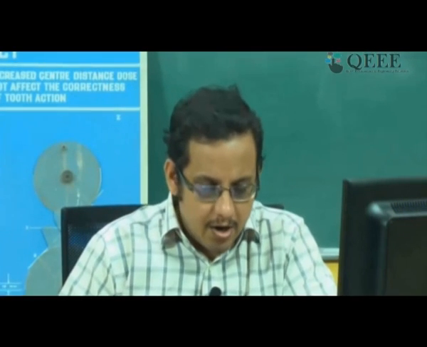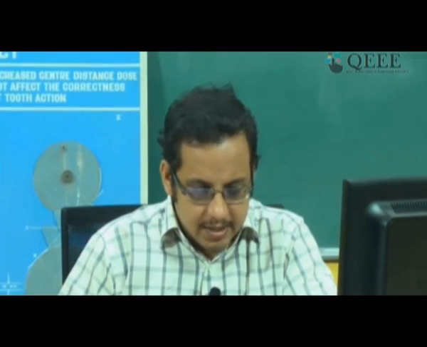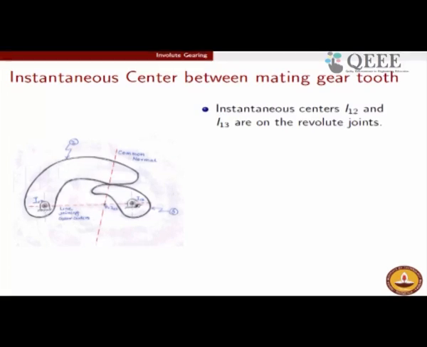Here are the two gear teeth, which are attached to the gear body. If you look at it from first principles, there are three different rigid bodies in the current discussion. One is the frame itself, as all motion will be with respect to the frame, and that has been numbered as 1, the default number for the frame.